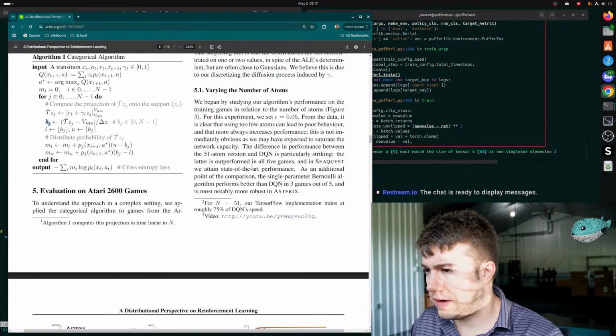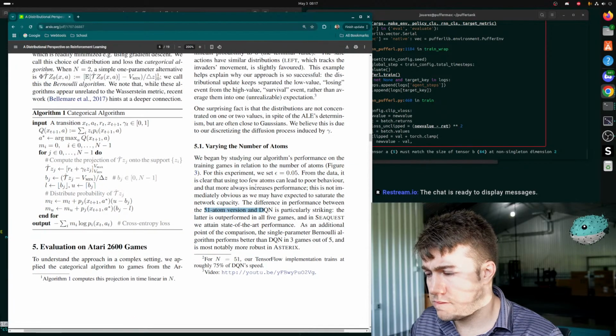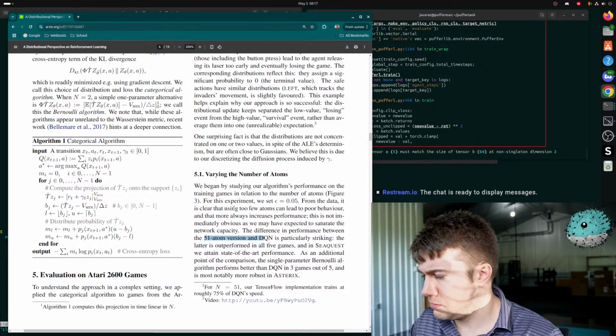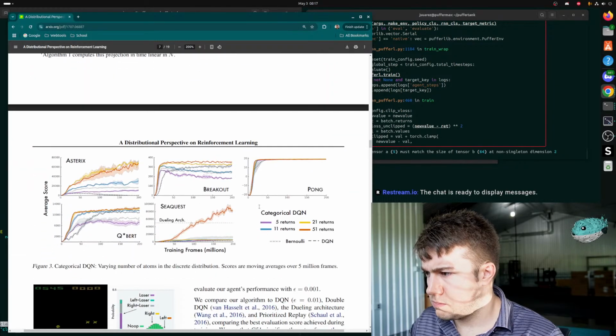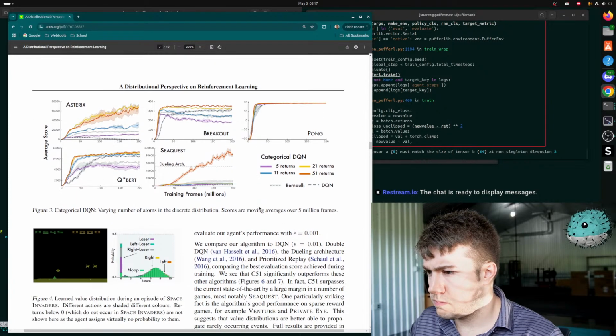Okay, so it's good that I found this. They actually need like 51 buckets. That's a lot. The fact that this doesn't work at all on Seaquest until you go to 51 is very sketchy.